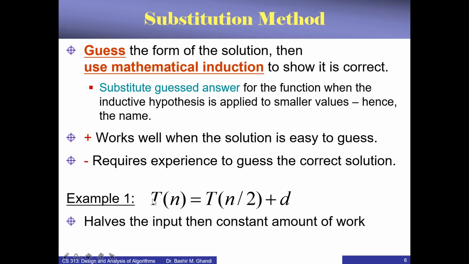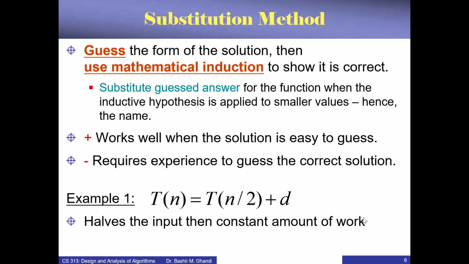The running time with respect to n is the same as the running time with n over 2. So you are dividing the input by 2 and adding only a constant amount of work.